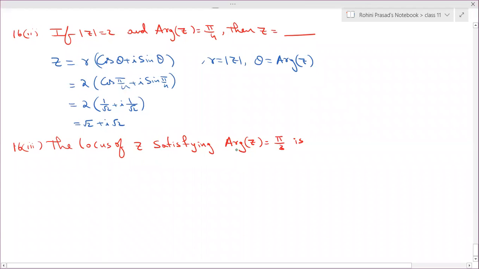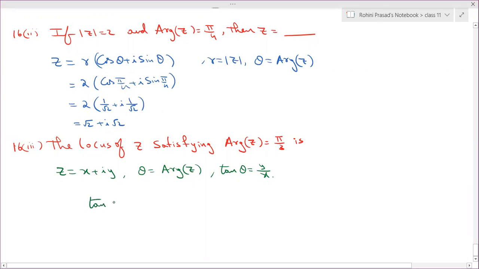So z satisfying argument of z equal to pi by 3: if z equal to x plus iy, and theta is argument, then tan theta equal to y by x. So if you use that logic for this complex number, the tan of the argument equal to y by x.